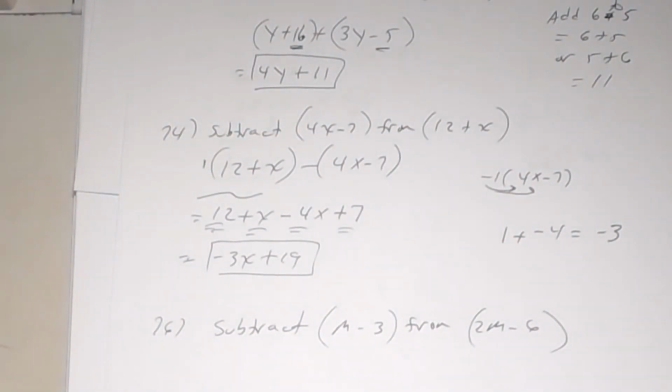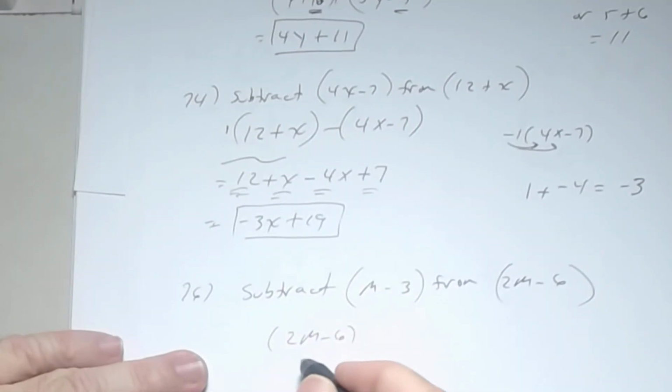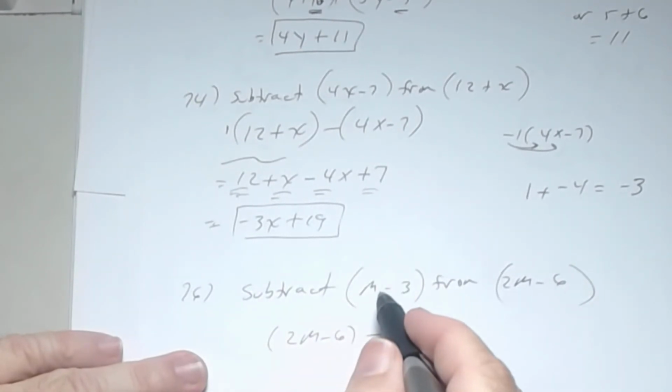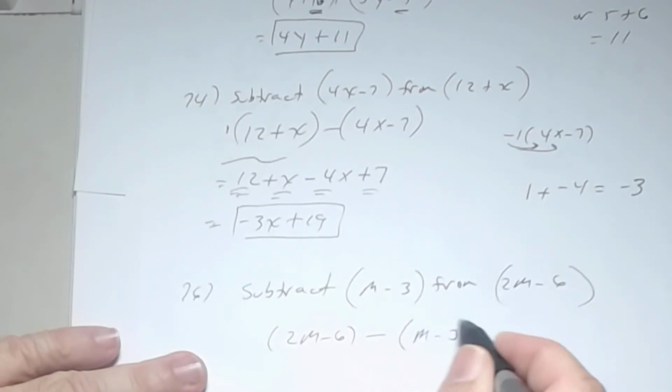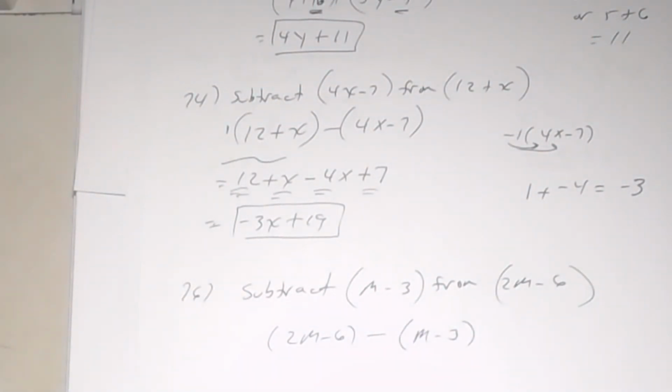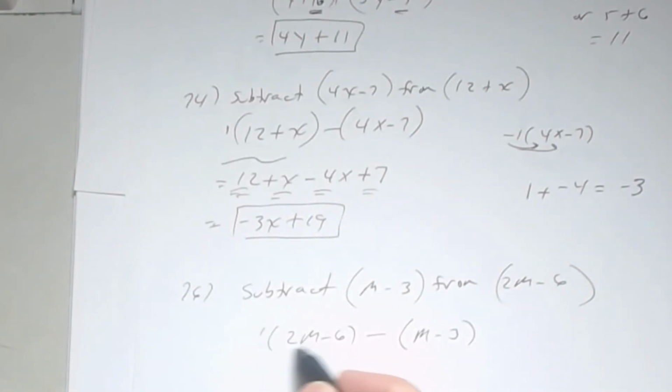And now remember, subtract from means I put what first? 2m minus 6 in parentheses. And I'm subtracting the other group. And what's that other group? M minus 3. Now let's get rid of the parentheses. This right here is understood to be a 1, right? 1 times 2m and 1 times negative 6 is still what? 2m minus 6.